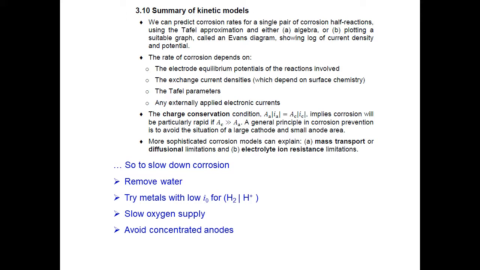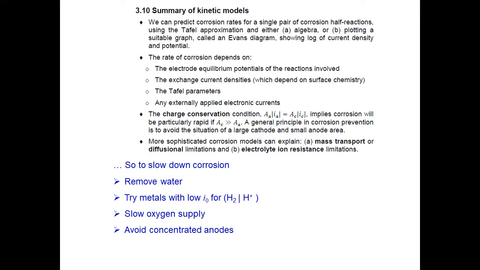If I have a different situation, if I have corrosion caused by dissolved oxygen, I can try to slow down the oxygen supply, either by somehow degassing the water or making sure that there's not a small boundary layer. Maybe I can have a slow fluid flow, which gives me a slower diffusion-limited oxygen supply.